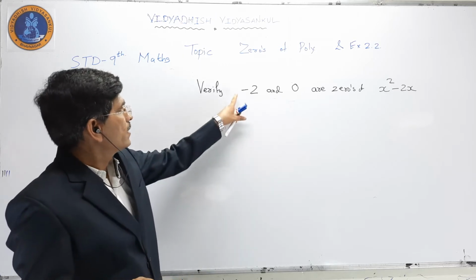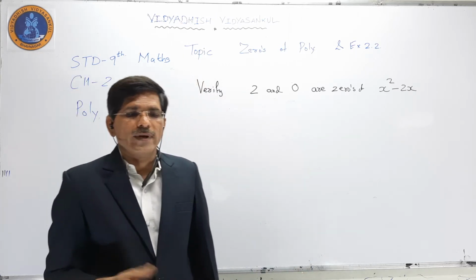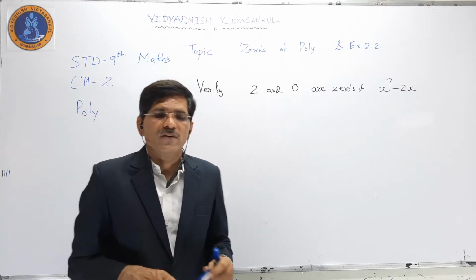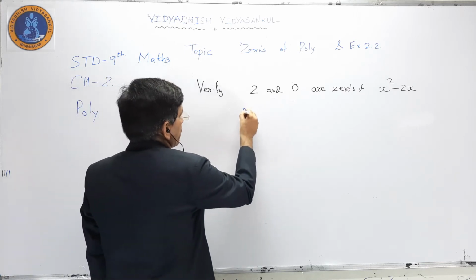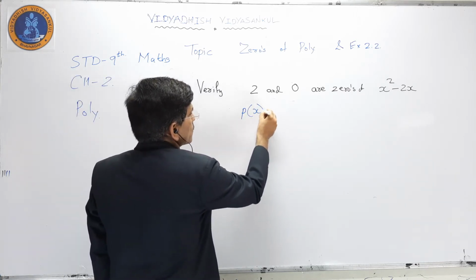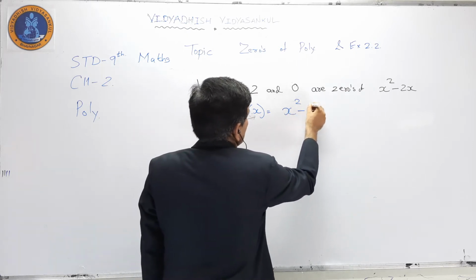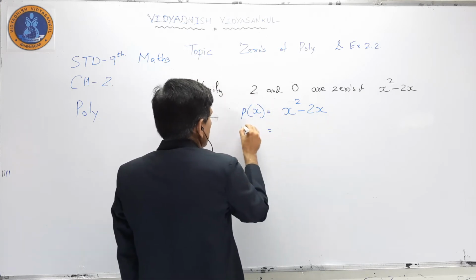In the question we verify 2 and 0. So what is my first target? I have to put the values in p of x is equal to x square minus 2x.